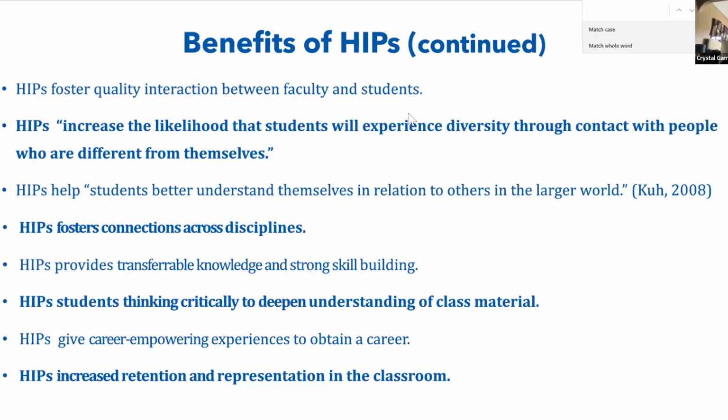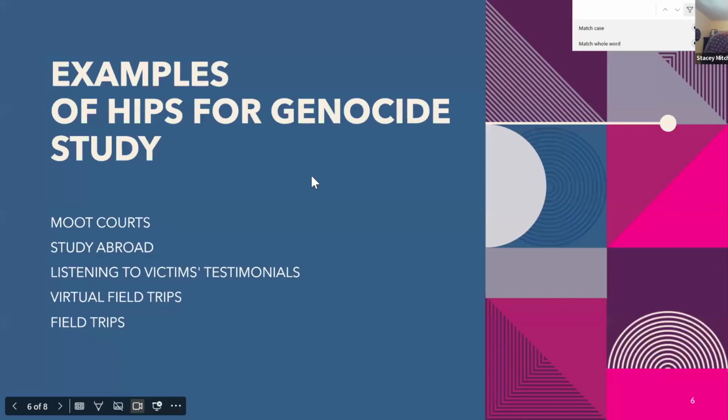And Stacey is going to tell you about her experience using high impact practices. Okay. So the example that I'm going to be talking about today is the use of moot courts, but there are some other things that I've done, which we can talk about briefly in the Q&A. I did a study abroad last year to Europe where we focused on the Holocaust.